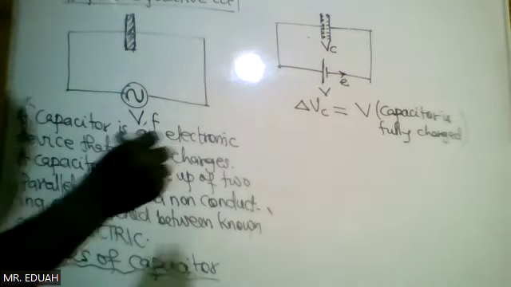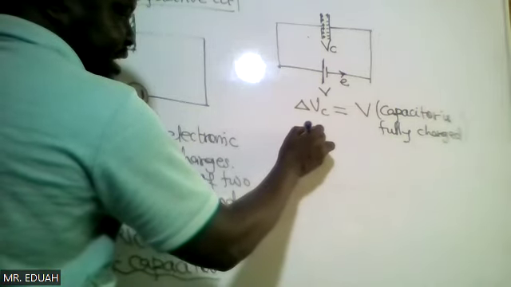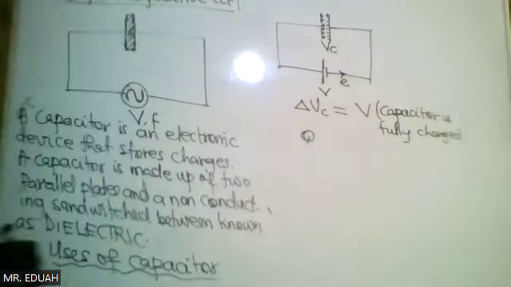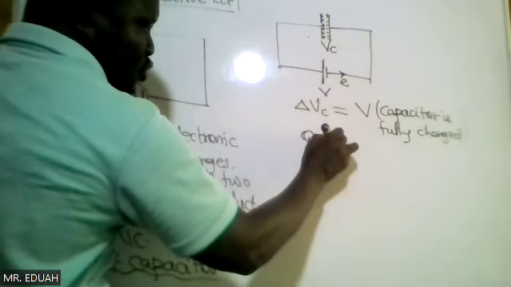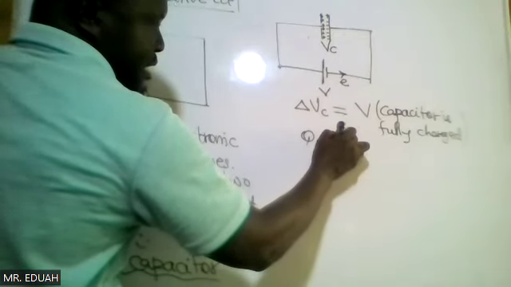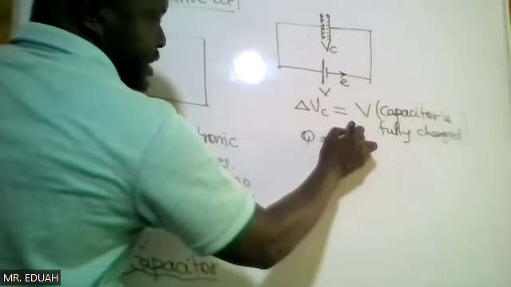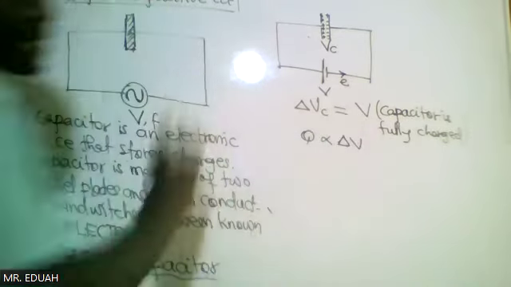Now, as the charge builds up, you realize that Q, the charge on the plate, is directly proportional to the potential difference across the capacitor.